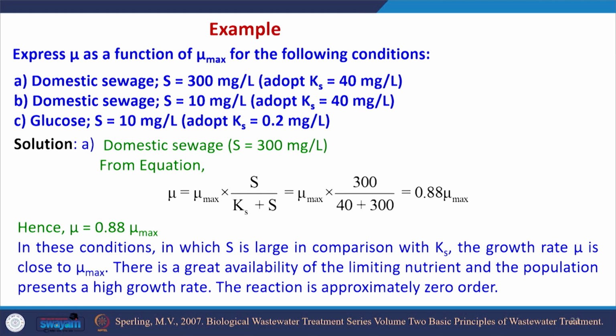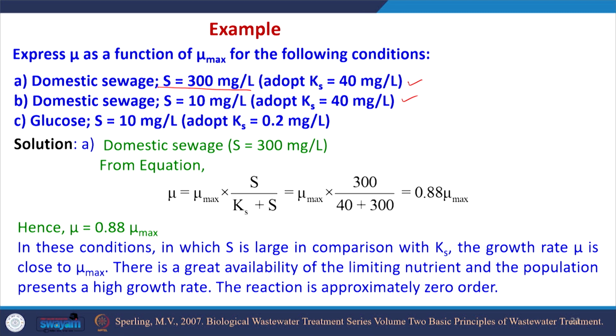Here it is being asked to express the growth rate as a function of nu max for the following conditions. For domestic sewage, the substrate concentration S is 300 milligram per liter, and in another condition the substrate is 10 milligram per liter, and it is suggested to use the Ks value of 40 milligram per liter for both cases.